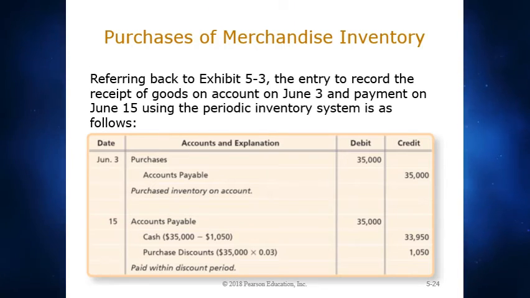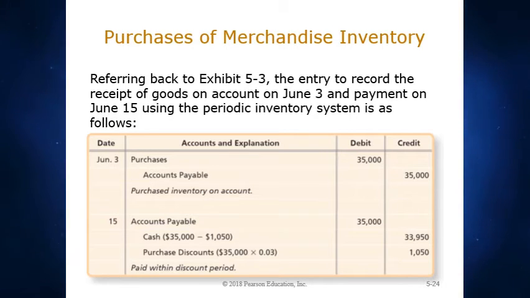So when we see that, this is how the journal entries look. You'll notice that it's really pretty much the exact same as it was for the perpetual system. We'll see those differences come into play here in just a second. So when we look at this on June 3rd, there was a purchase of inventory and then a payment for that inventory as well.